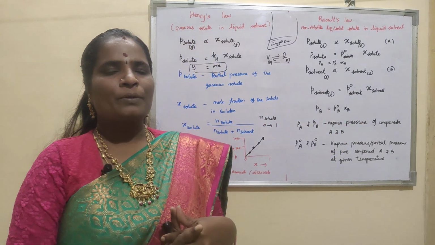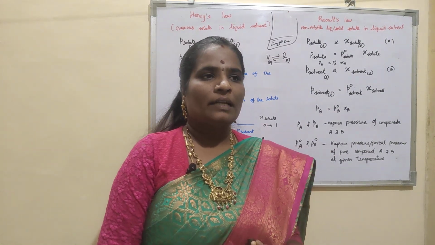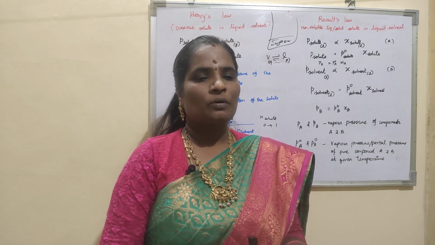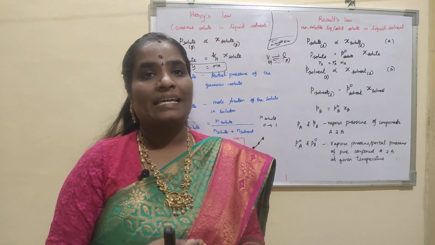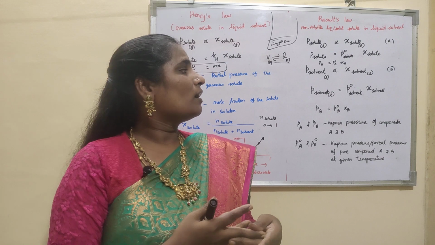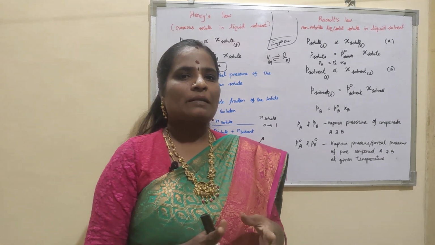So what do you mean by pure state? For example, if I am taking camphor and kerosene, that is volatile. For example, NaCl in water. So I am measuring NaCl partial pressure.